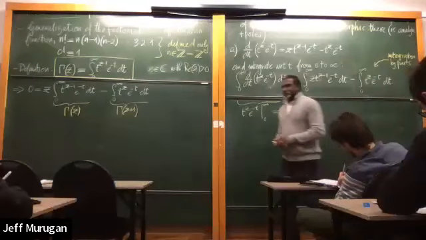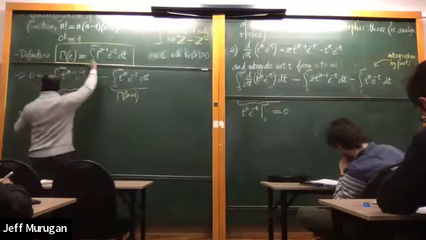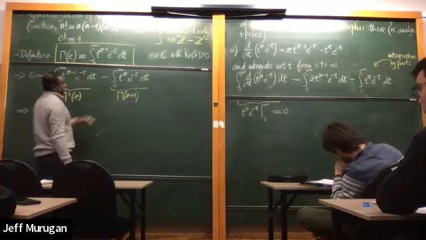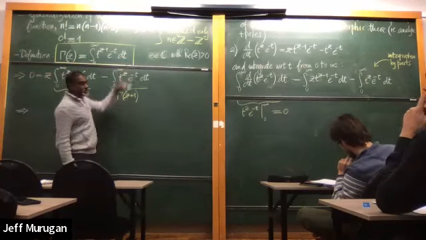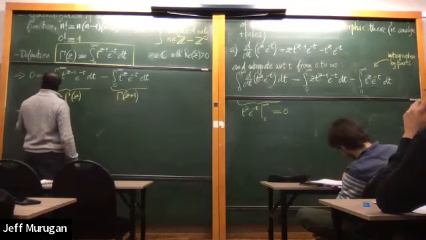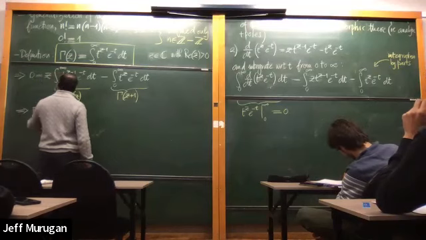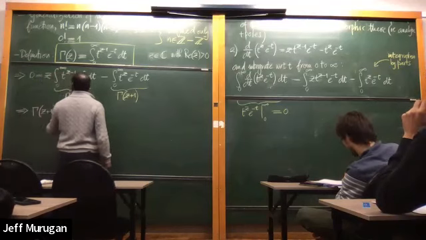In other words, we've proven what we set out to prove, which is that the gamma function, from our definition of what the gamma function is, satisfies the relation that gamma of z plus 1 is z gamma of z.